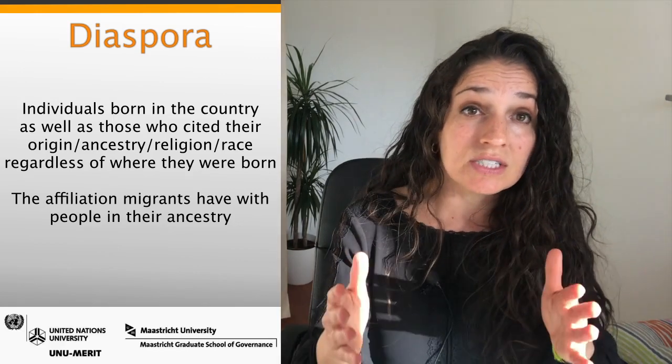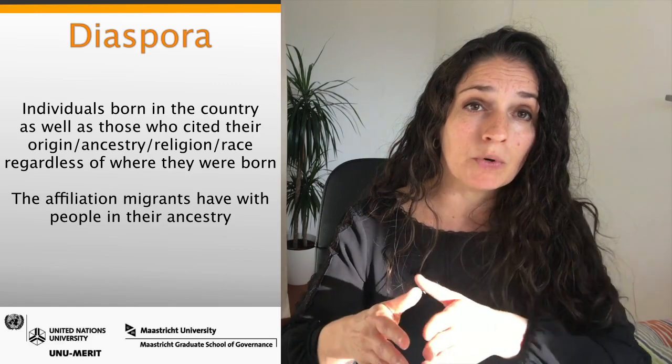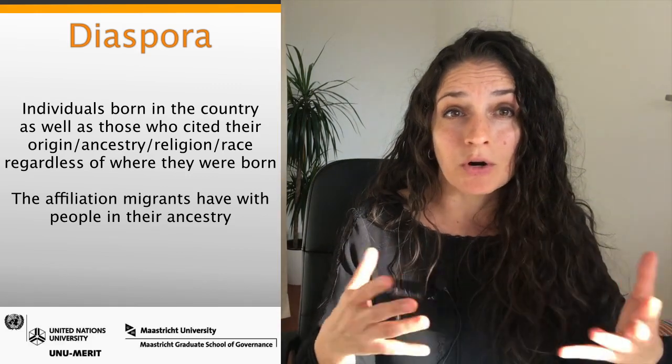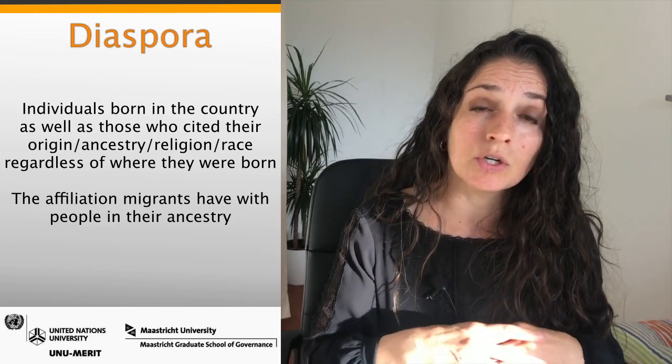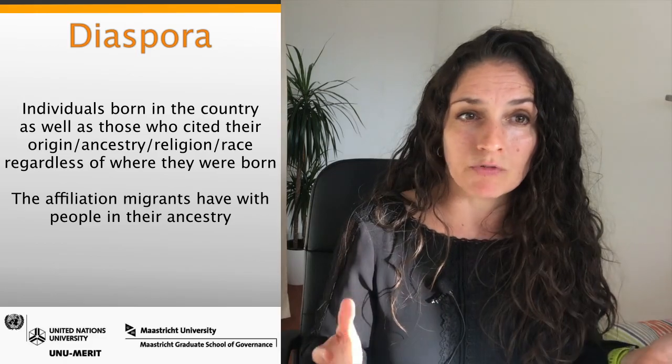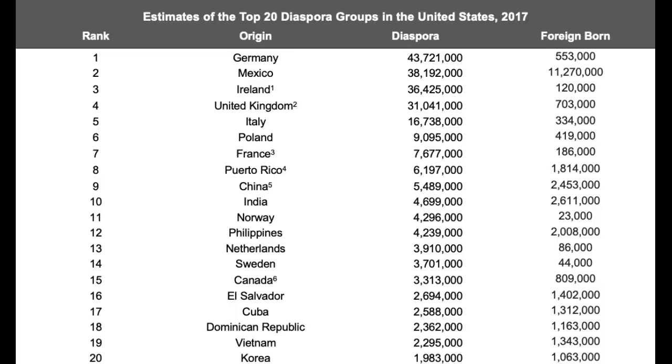So you can see that there's a difference here in the numbers of people who were born in another country and those who are considered part of the diaspora, which is usually a much more encompassing term of people coming from a specific origin. And you can see which countries have the highest numbers, and how the diaspora numbers differ from the country of birth numbers, because the diaspora numbers show more what's happened over time.